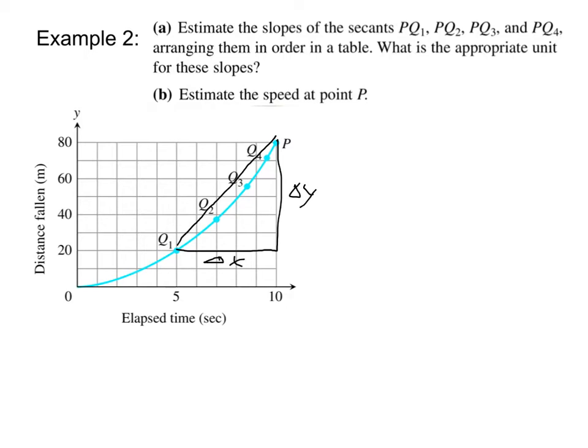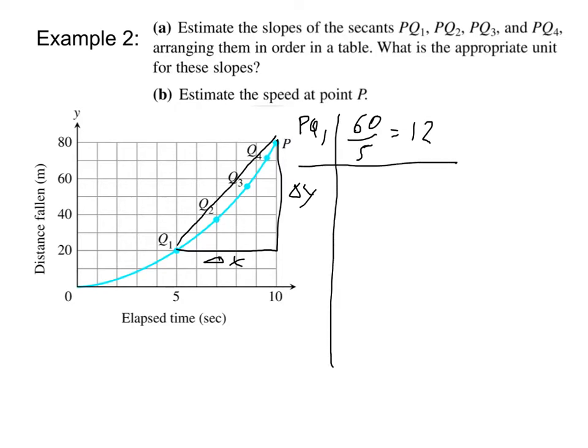So my change in y here is going to be from 20 to 80, which is 60, over change in x is from 5 to 10, so that's 5, which equals 12. So the first one, PQ1, is 12.